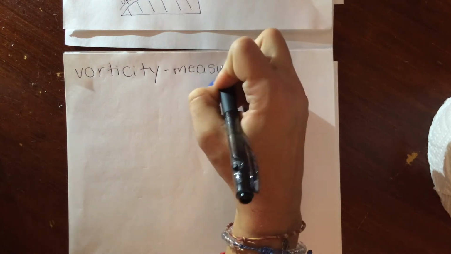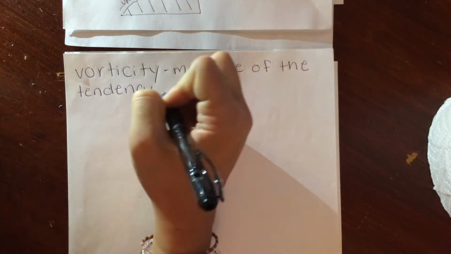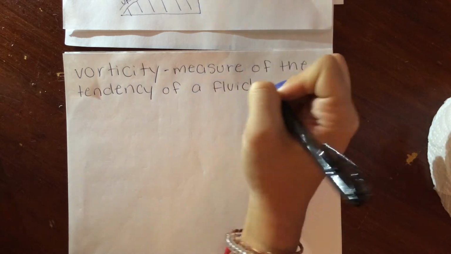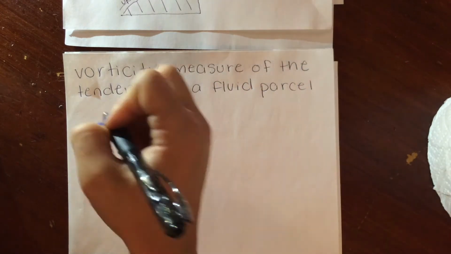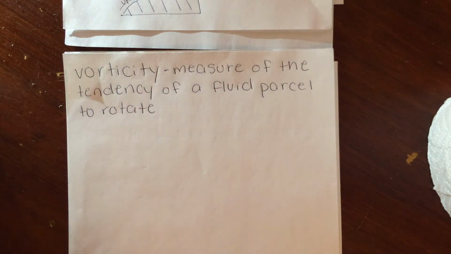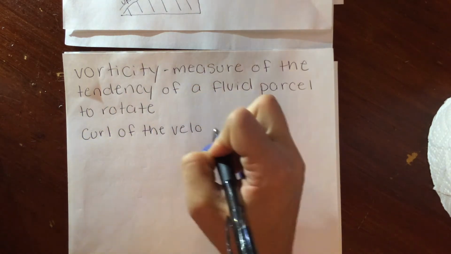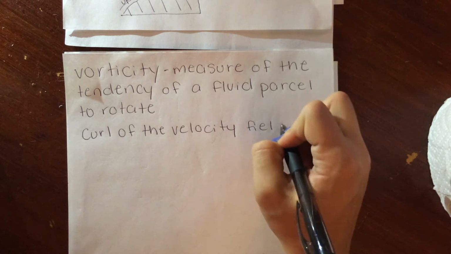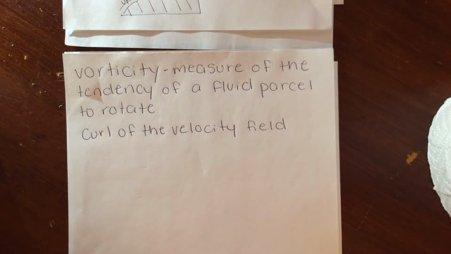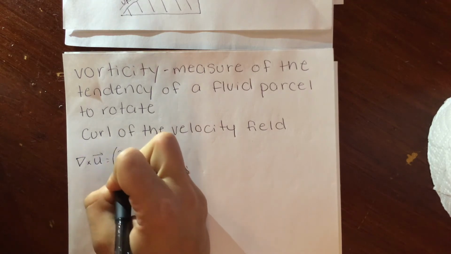Alright, we're going to switch gears here a bit and talk about vorticity, which is a measure of the tendency of a fluid parcel to rotate. We calculate vorticity by taking the curl of the velocity field, which I'm not going to do out here, but I have done the full calculations in previous videos if you want to review. We end up with a component of vorticity in each direction.